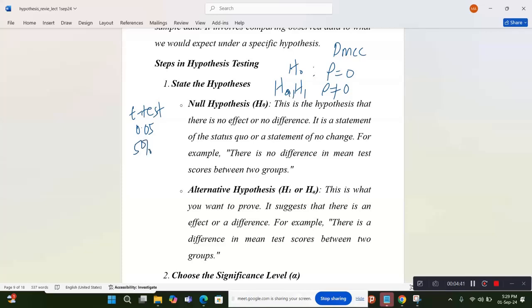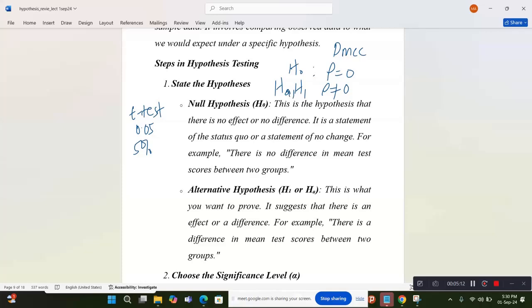That critical value is compared with the value that you calculated as the test statistic. Depending on the type of sample and population you're dealing with, we look at the conditions, then you get your t value, the test statistic, and compare it against the critical value.